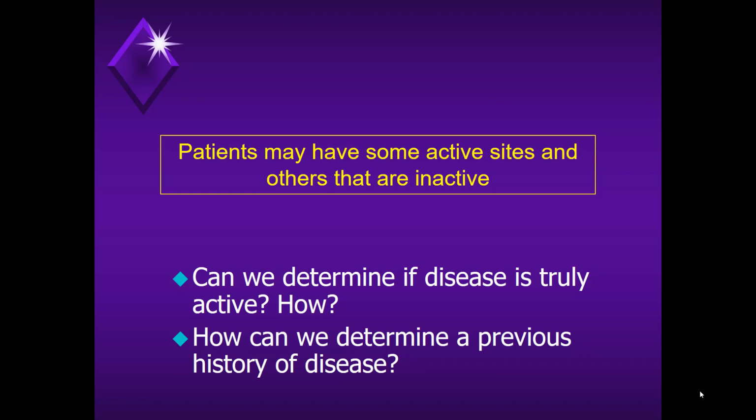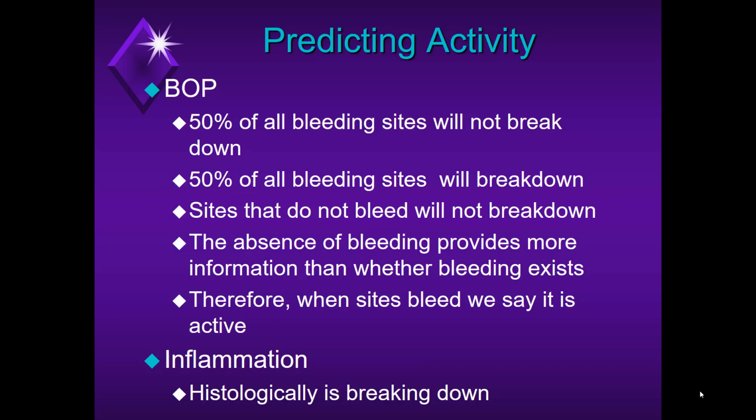So we're left using older clinical parameters, and they're not great, but they're what we currently use for the standard of care of trying to predict whether your patient is active or not. So bleeding is a sign of active disease. Now, 50% of the time they have found that bleeding sites, when they follow them up, don't break down, so they don't actively lose bone after.